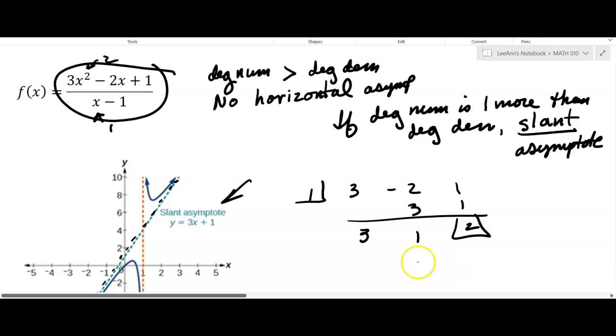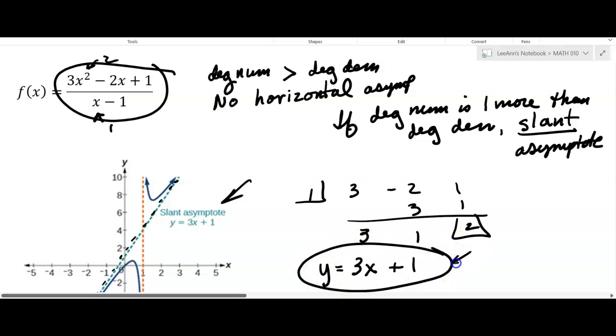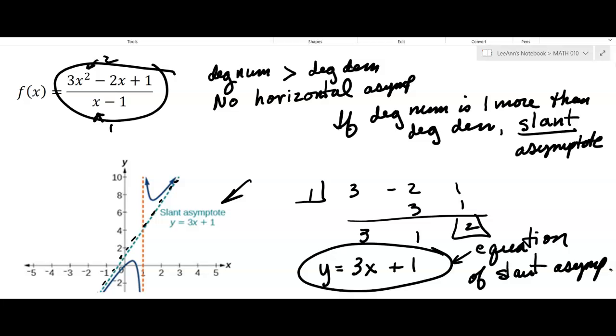We don't really care about the remainder. What we care about is this, 3x plus 1. So when y equals that, that is the equation of the slant asymptote. If you're graphing these and you know you have a slant asymptote, you can find it. You just have to divide out the polynomials.